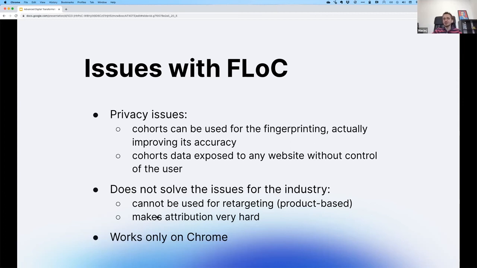And it was also very hard for attribution. And by attribution, I mean how the ads that were displayed to the user affected his actual journey. And maybe they saw the ad, but they didn't click it, but they came back through our channel. And that was actually also not possible using Flock, which was possible, of course, with third-party cookies.